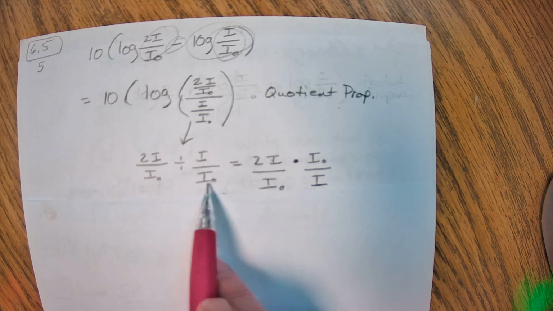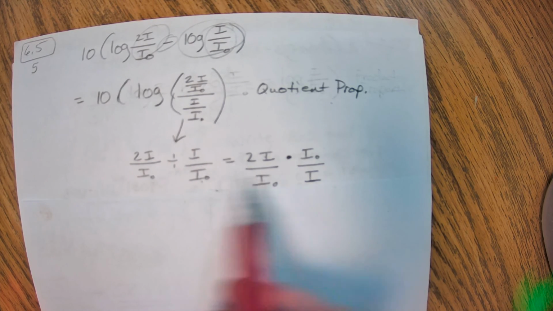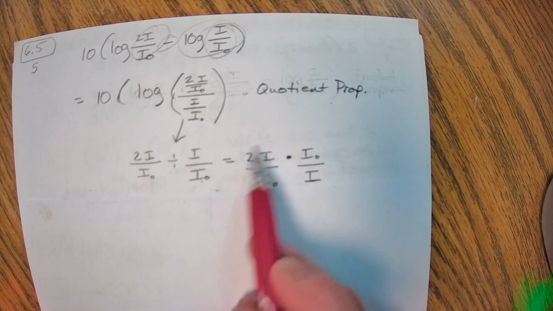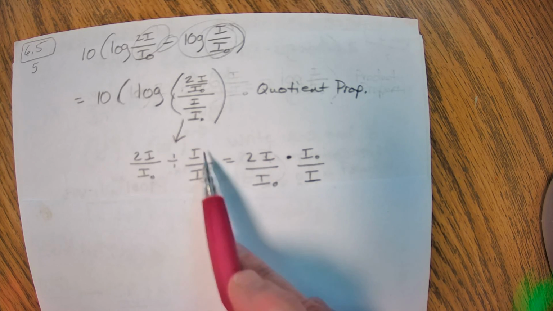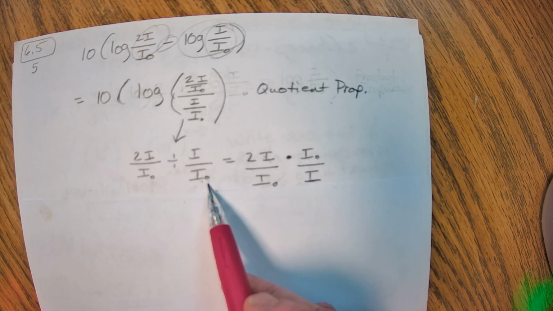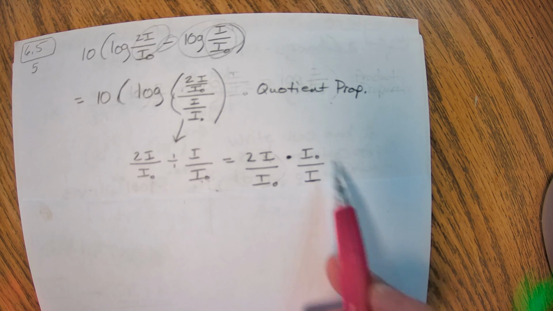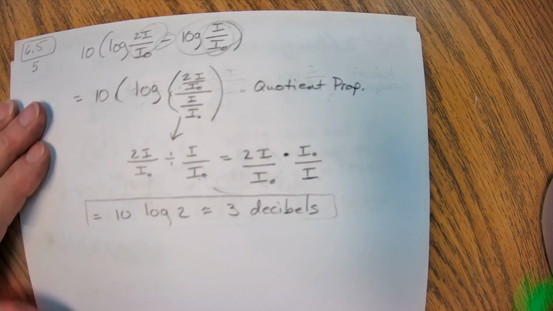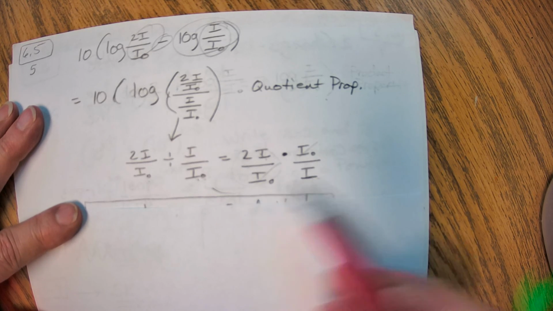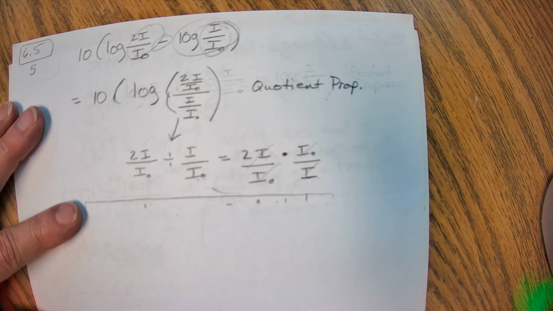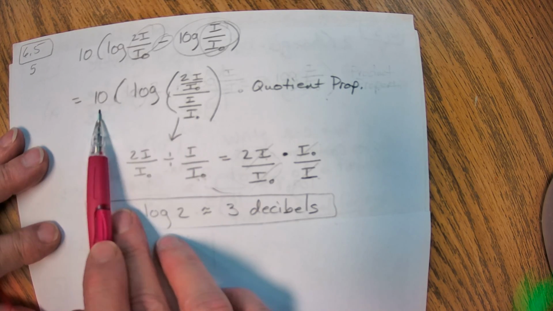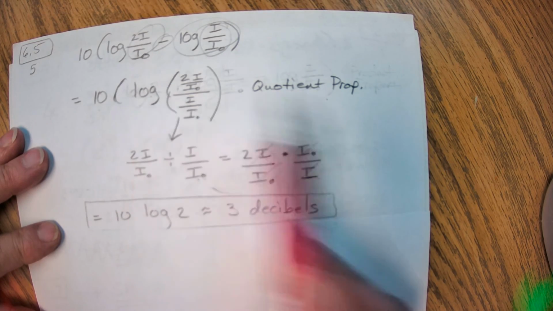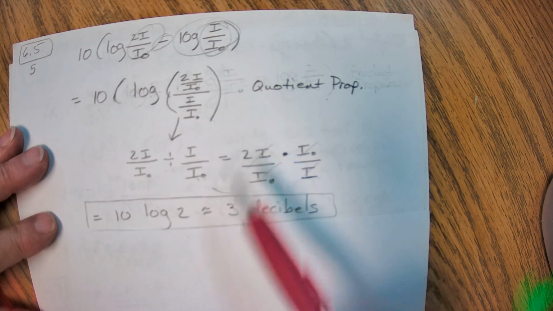But remember, when you divide fractions, you keep the first fraction the same, and then you multiply by the reciprocal of this. The reciprocal of this is I sub 0 over I. Well, that cancels that, and that cancels that, right? So basically what I'm left with then is 10 times the log of 2.